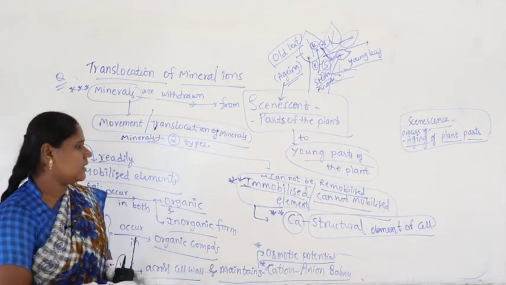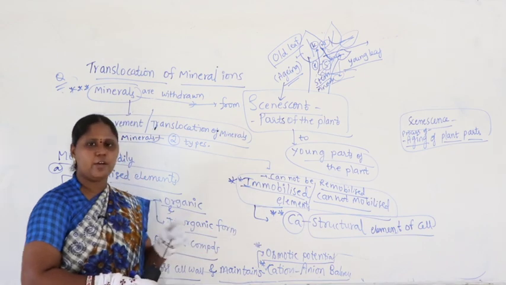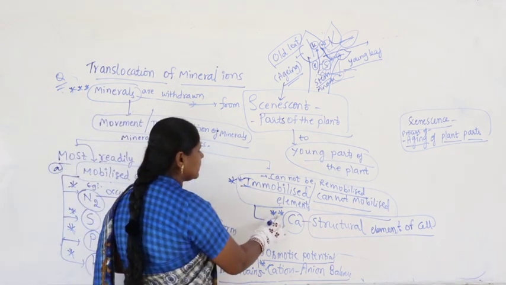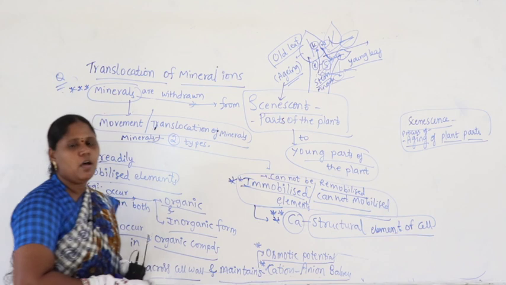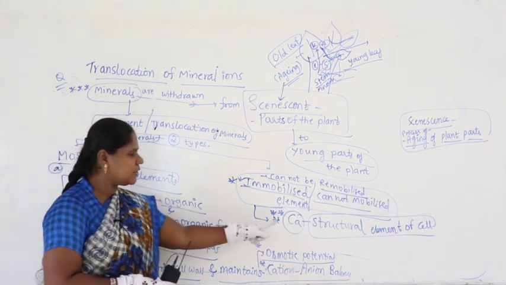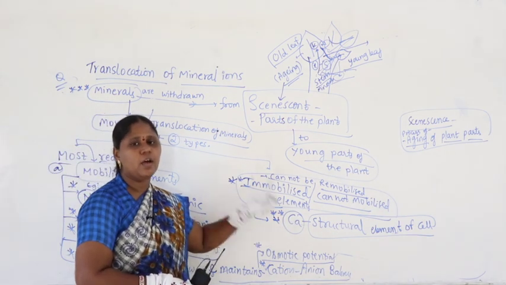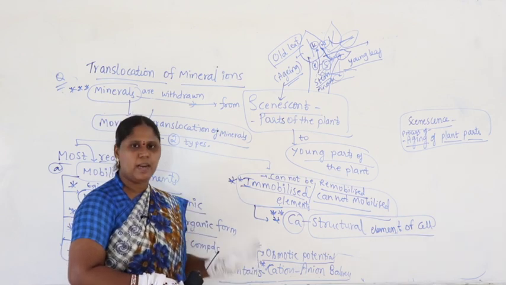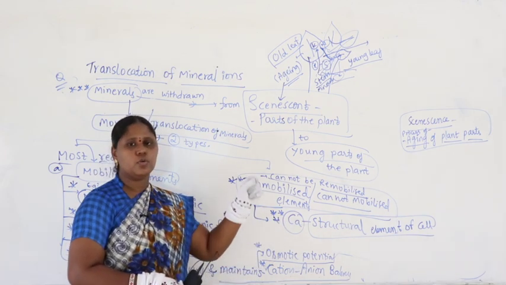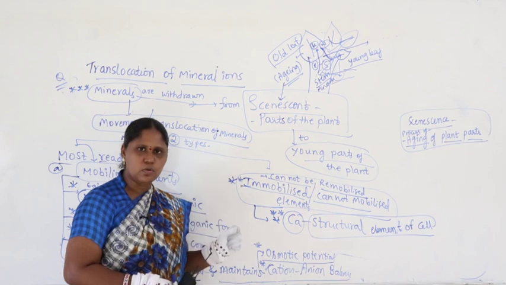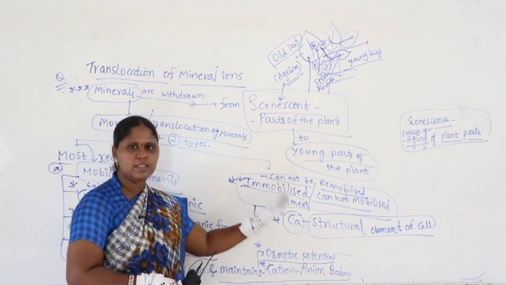So, the calcium is nothing but what? A structural element of the cell. Why do you call this a structural element of the cell? Once calcium is absorbed by any part of the plant, it will not be remobilized, it cannot show movement further. Once it is absorbed, it is absorbed.